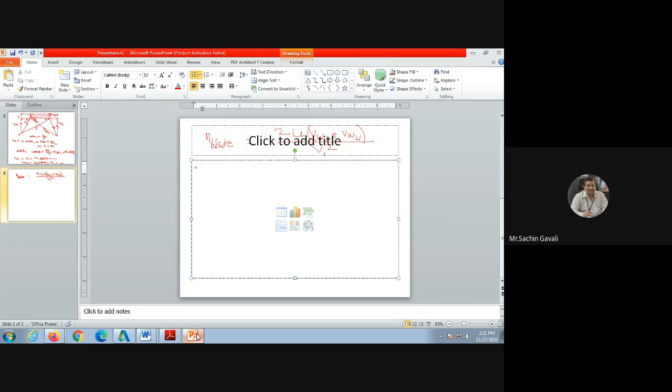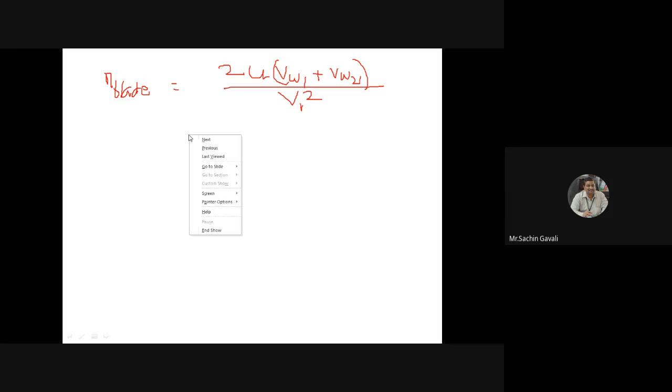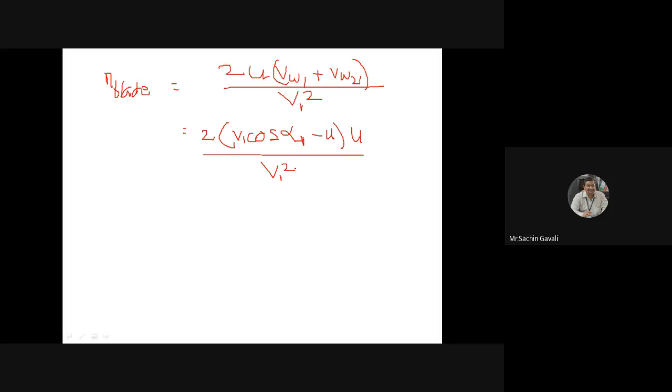Okay, so it is equal to 2 into bracket V1 cos alpha 1 minus U into bracket 1 plus KC, multiplied by U divided by V1 square.